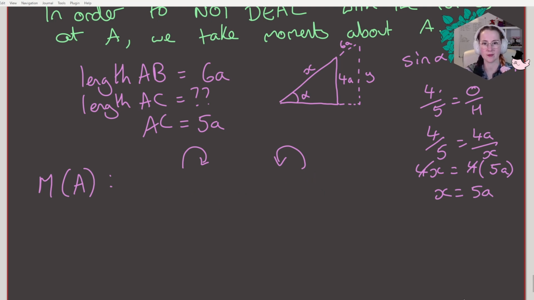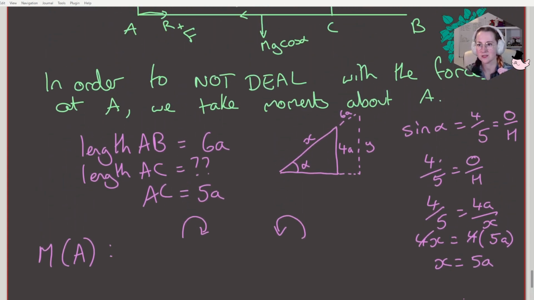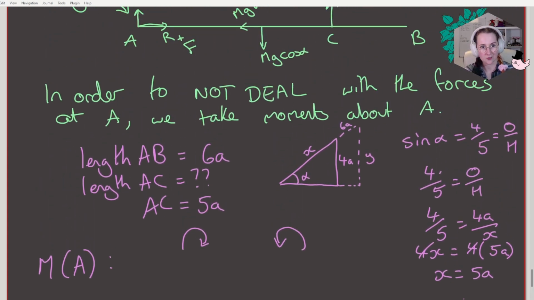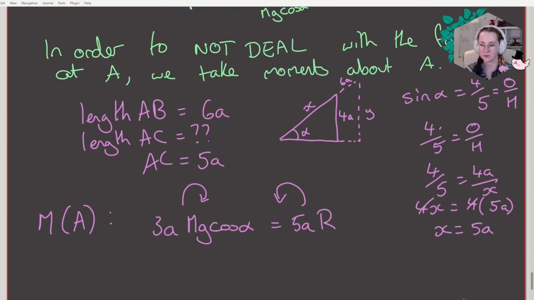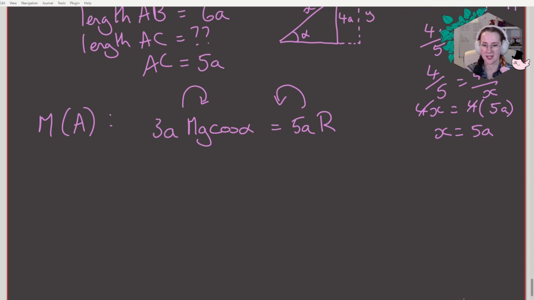Let's do all of that bit again. Take it from the top. So, clockwise moments, counterclockwise moments. Distance halfway of the length is 3a, and we have mg cos alpha equal to, now we know that that distance is 5a times R. So one final thing to do, and those of you that really like Pythagoras will notice that if you have a right angle triangle where the hypotenuse is 5, the one side is 4, the other side is going to be 3.